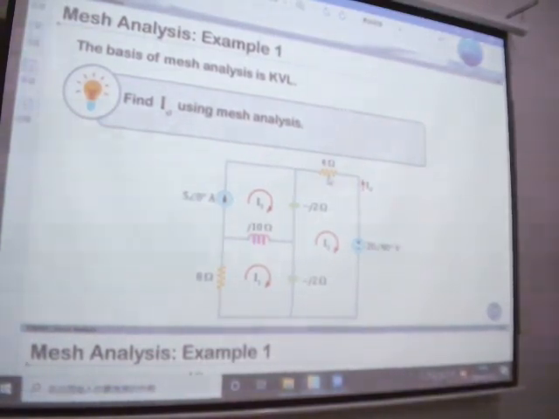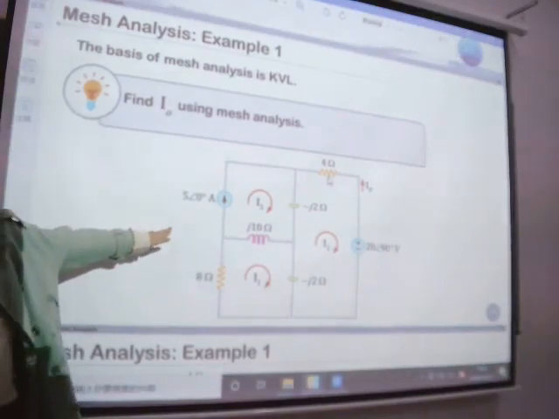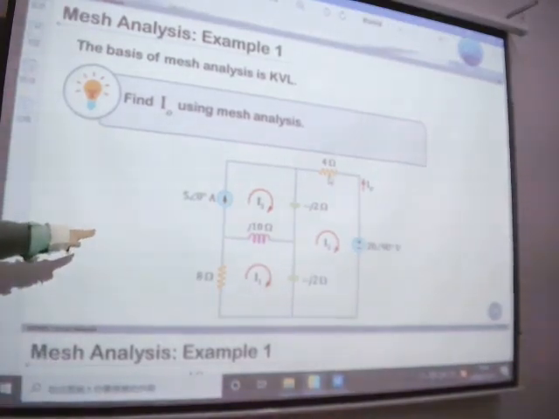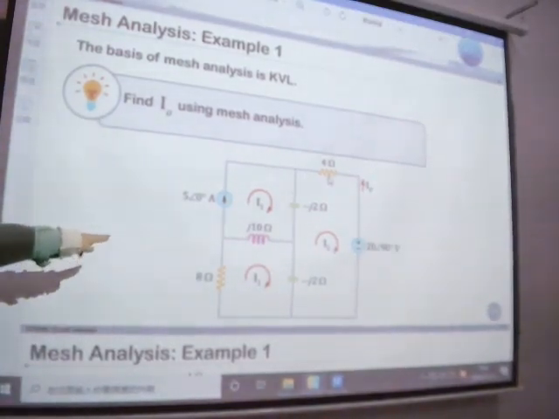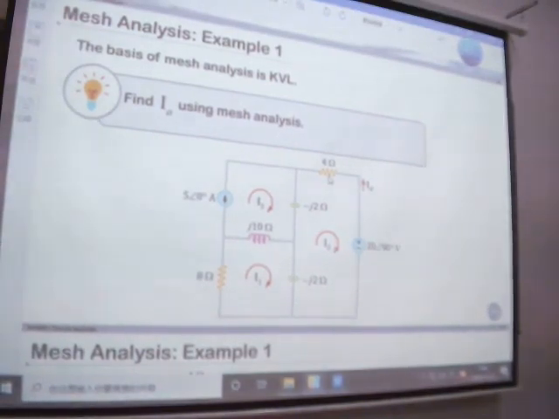So if we have something like this, we must know we need to replace this one by a voltage source V, and then get this equation with the variable V, and then introduce this one inside to change the variables from I1, I2, I3 to I1, I2, V. Then solve it out.